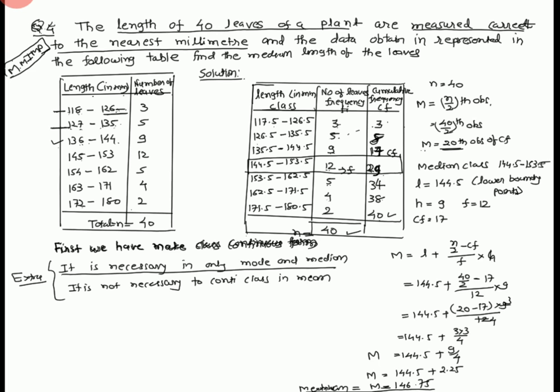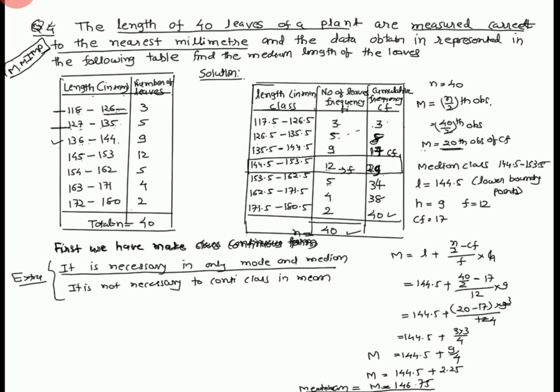Firstly, we have to make the table in continuous form. Here we see that in the table 118 to 126 and then 127 is written. So between 126 and 127 there is a gap of 1. So we subtract 0.5 from the lower limit and add 0.5 to the upper limit in the first class.